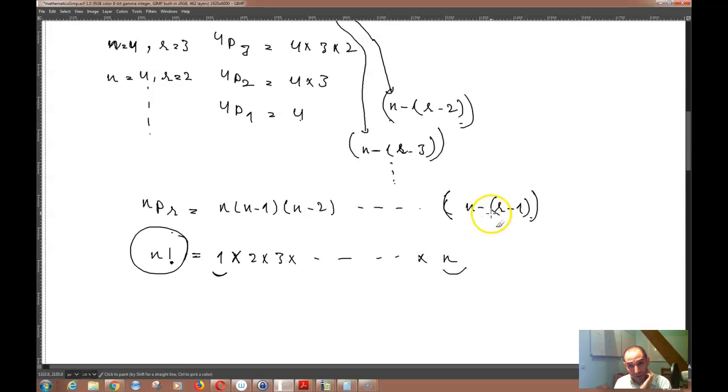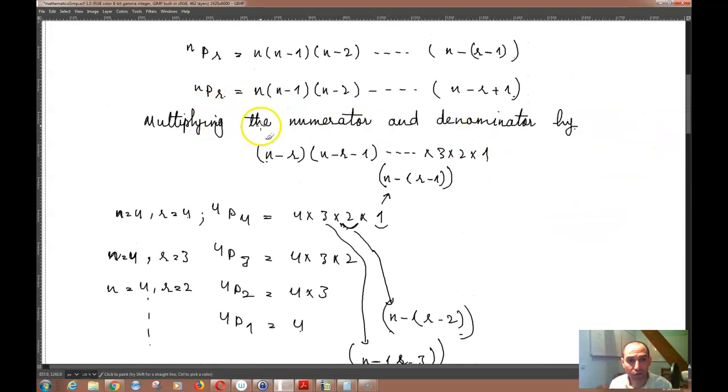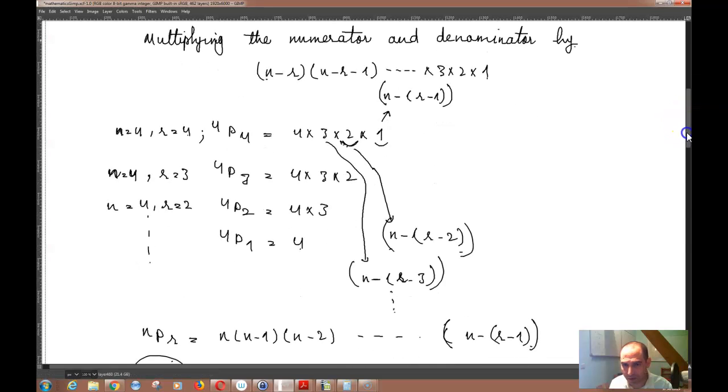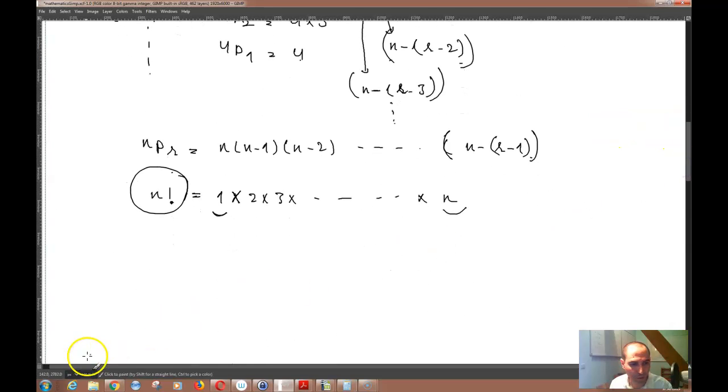Now I need to do the same thing over here, so that I can use the factorial notation to rewrite this expression. And that's basically why they're multiplying the numerator and the denominator by this expression, and we will derive this exact expression on our own in just a few moments.